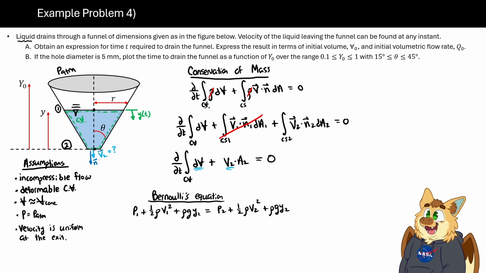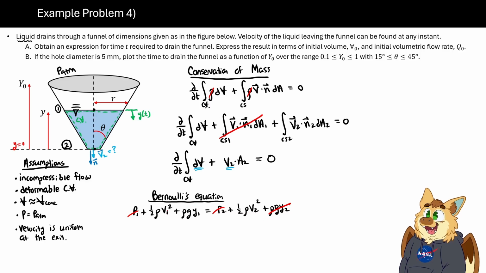And now we can start canceling stuff out of Bernoulli's equation. So because we're at atmospheric pressure all around this cone, P1 is equal to P2, and therefore P1 minus P2 when you move them onto either side would just cancel out. Next, if we assume that this bottom part of the cone is y equals 0, that would mean y2 is equal to 0, and this term cancels out.